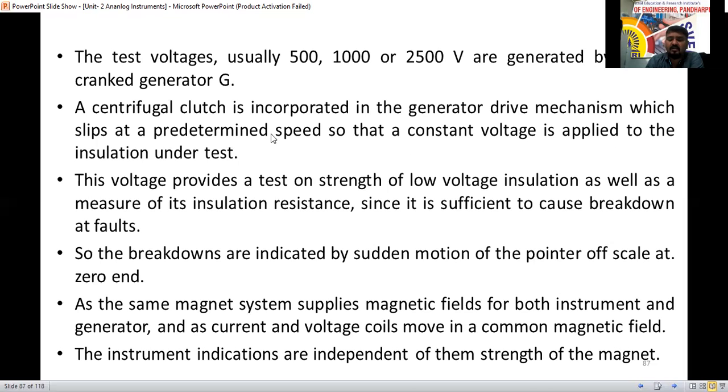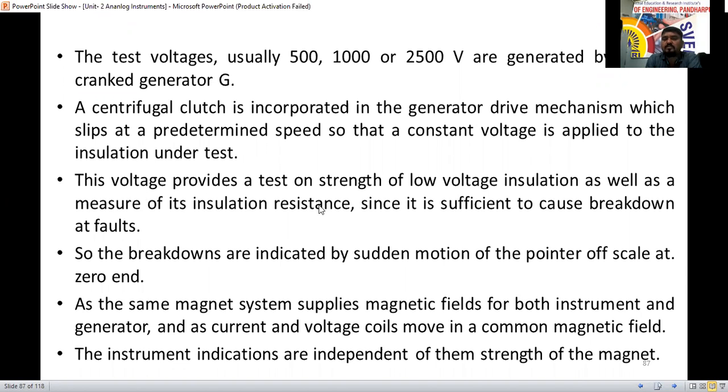Actually it is not there, but in the generator mechanism they are telling that the clutch they are going to use will define the slips at a predetermined speed. Whatever I have shown, it has a 400 RPM speed. Okay, so that constant voltage is to be applied to the insulation under the test here.